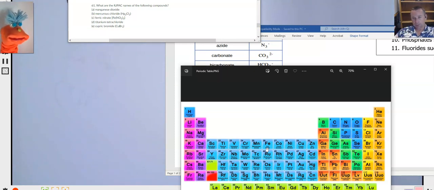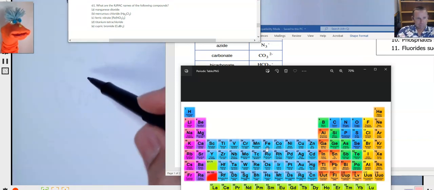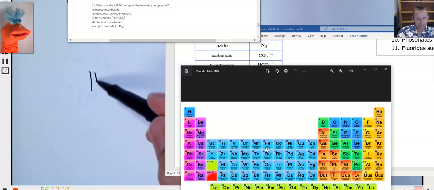Mercurous chloride used to be the way we would call it. There's a better name for it now. I don't know what's going on there. Why is there 2 in Hg2Cl2? Yeah, this is kind of a squirrely one, and we're not going to hold you to knowing the name for this one. But let me go over it here for you.